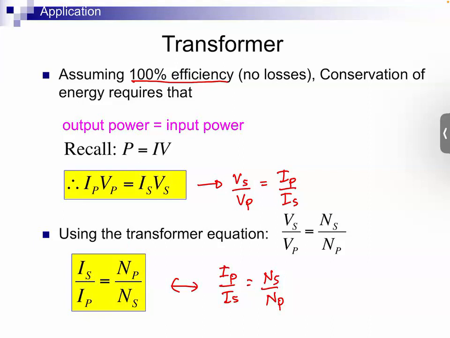So again, if you want to design a transformer with a defined current in the secondary coil, knowing how much current you need to power your device, so you know how much current you need to have in the secondary coil, you can adjust the number of turns in your primary and secondary coils in order to achieve your desired current. Good.